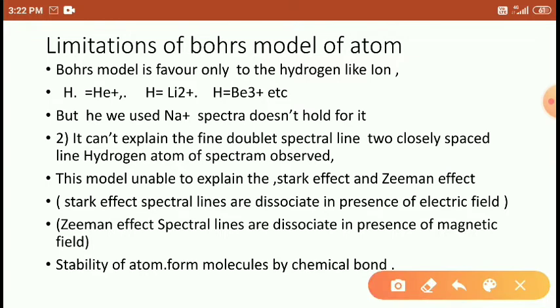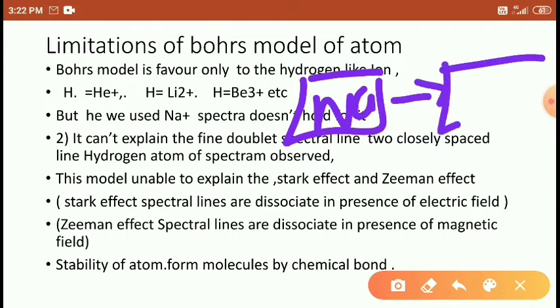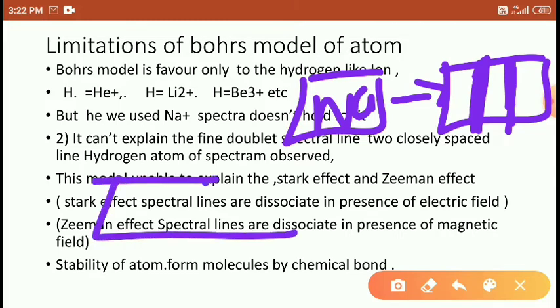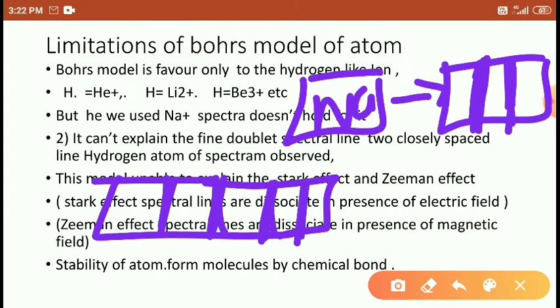right? But when he used sodium in place of hydrogen, he observed only 2 dark spaces. But when he used the hydrogen-like element, he observed many spectral lines here, many spectral lines or missing spectral lines, when using the hydrogen atom.